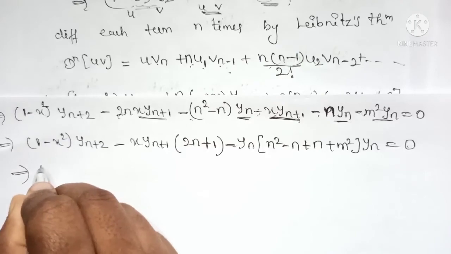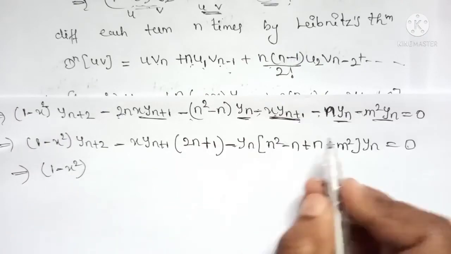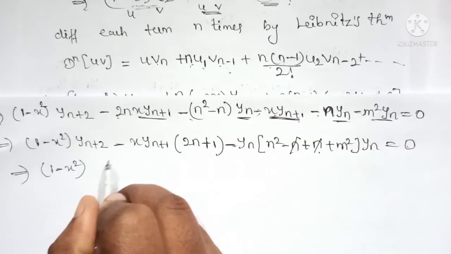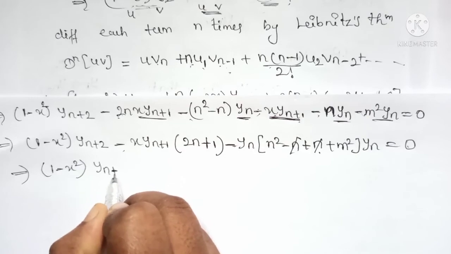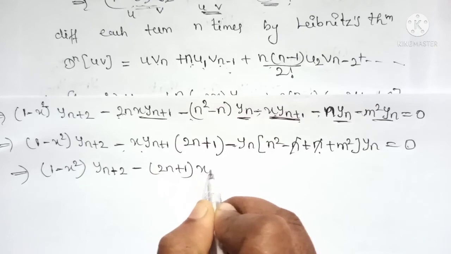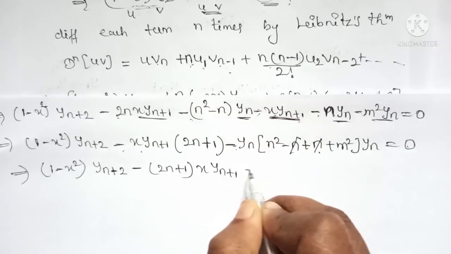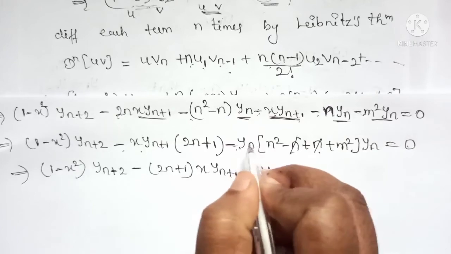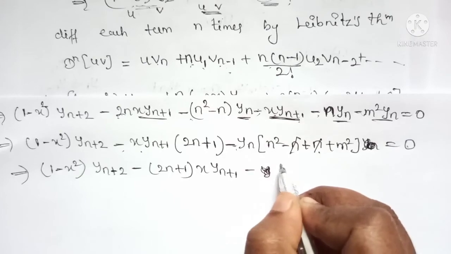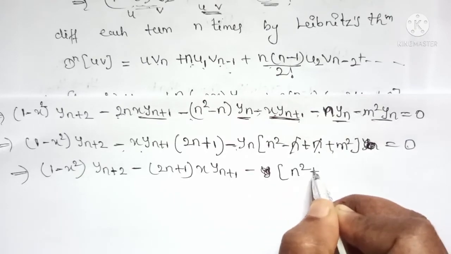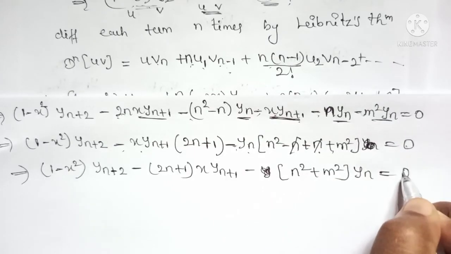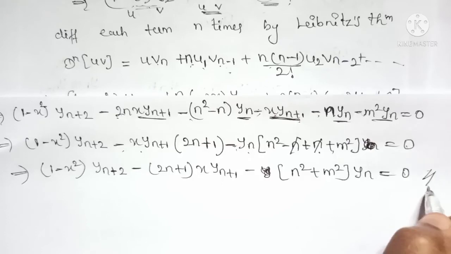Further simplifying, we can write it as (1 minus x square) y(n plus 2), minus (2n plus 1) x y(n plus 1), minus (n square plus m square) yn equals 0. So this is the required proof.